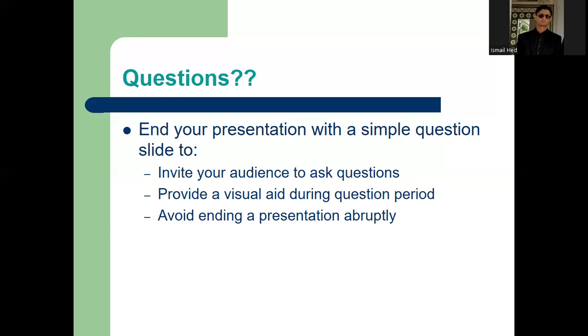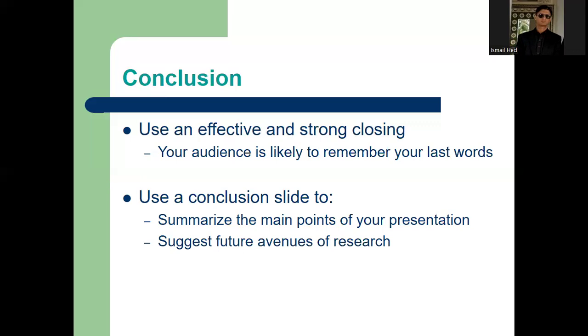This Q&A session is also very important, so end with a simple question slide, invite your audience to ask questions, and provide a visual during the question period. Avoid ending presentations abruptly. Rather, things should be systematic, so that people are able to make sense out of your presentation.